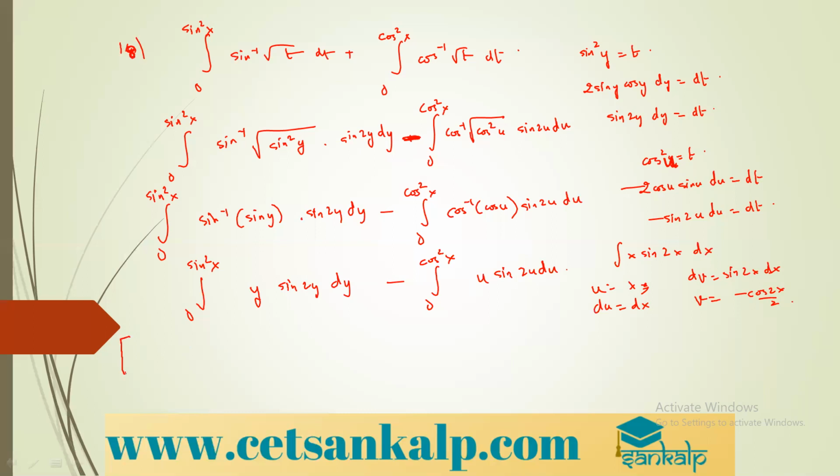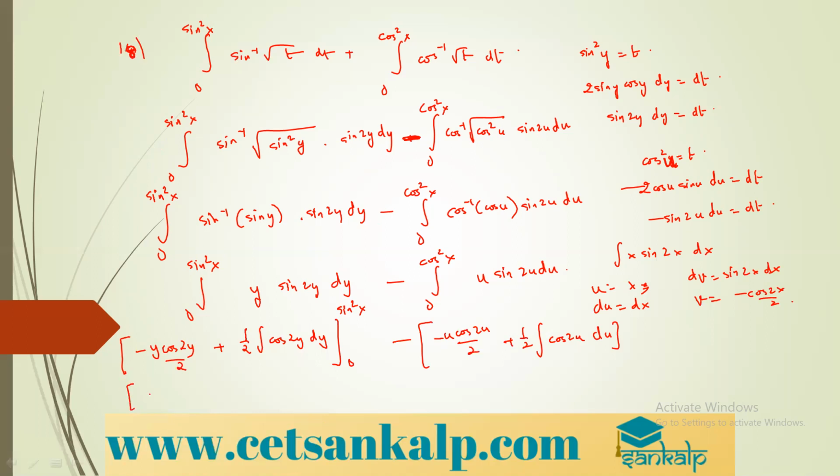For the first one, you will have in terms of y, minus y cos 2y by 2 plus 1 by 2 integral cos 2y dy. The bounds are, later on we will see, 0 to sine square x. Here, when I take the integral, I will have minus u cos 2u by 2 plus 1 by 2 integral cos 2u du.